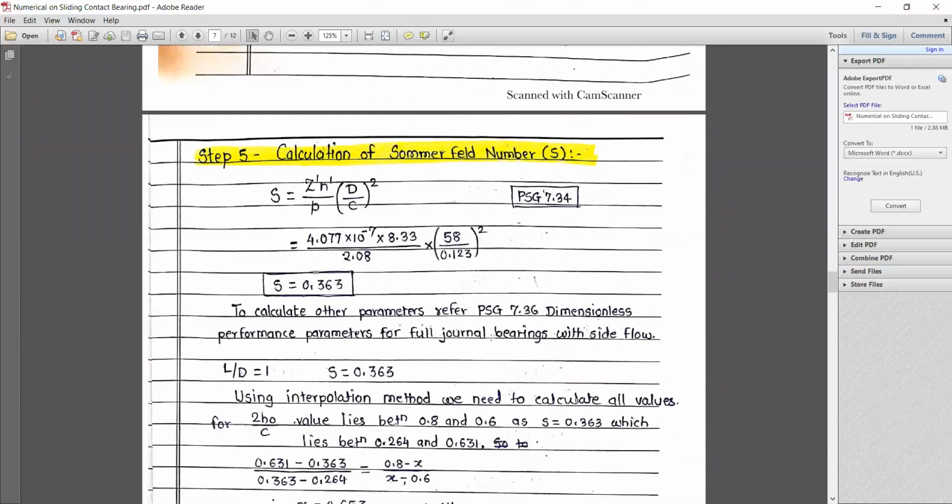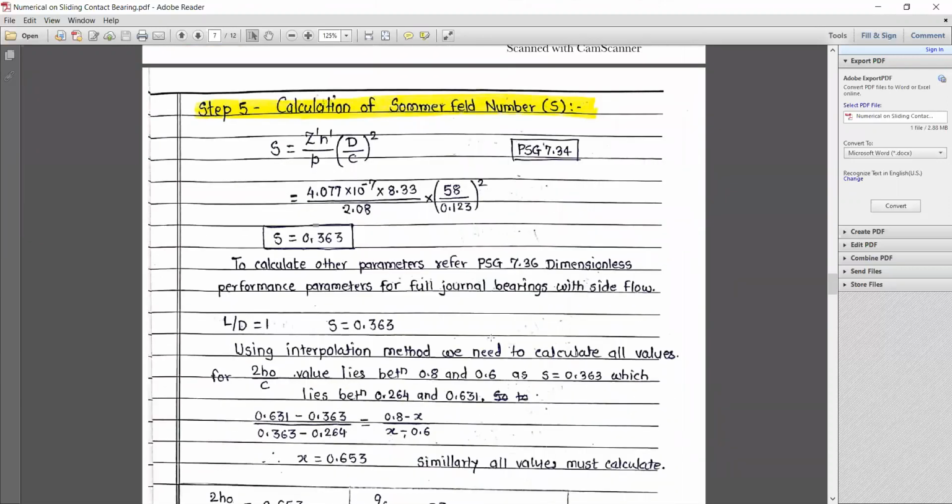Now next, to find the Sommerfeld number, we are using the same process which we have already discussed in a previous numerical, but here we have selected the Sommerfeld equation from the PSG data book page number 7.34.